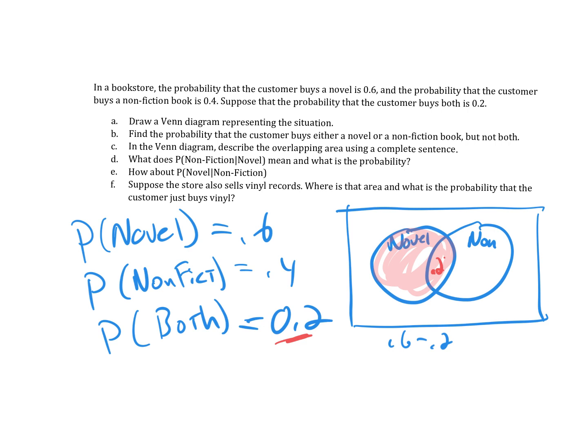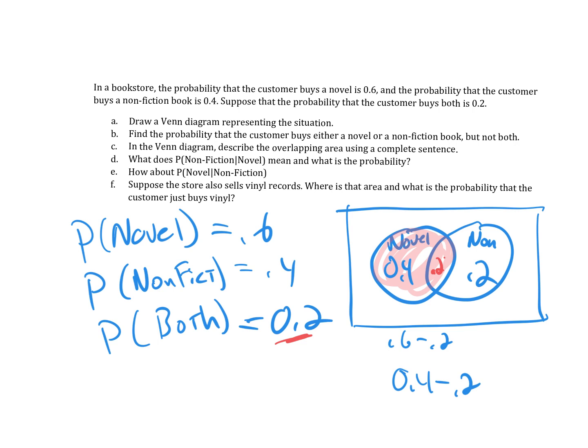So 0.4 of the people buy just a novel. And the other one would be 0.4 minus the 0.2, so just 0.2 or 20% of the people buy just nonfiction. And see how those add up to the different probabilities?